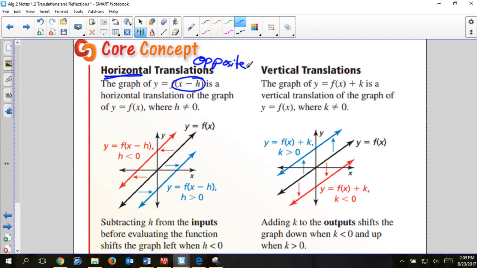And for vertical translations, we have adding or subtracting outside of the function, outside of a parenthesis. And that one is just the sign that it is. We've already talked about that, right?